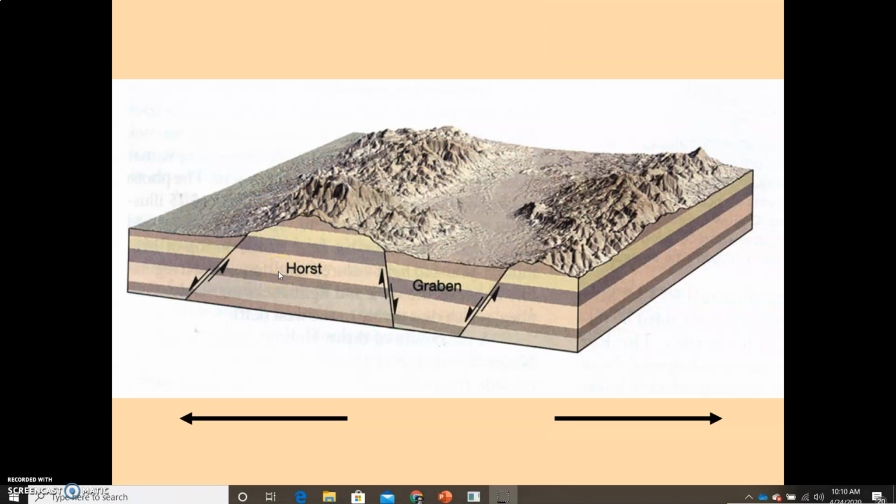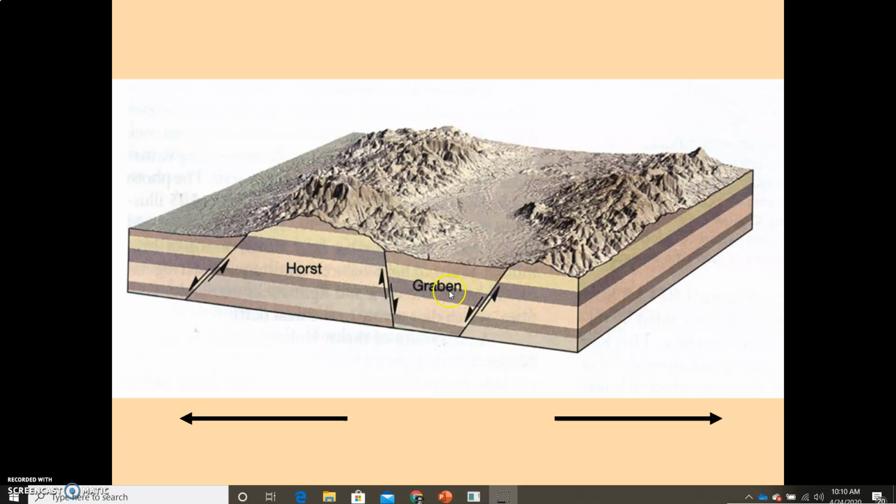So then there's also these types of features that you get out west in Nevada and in California. You get these Horst and Graben type features, and these result from horizontal extension in the crust. So here, if you pull apart the crust, what's going to happen is this block will drop down, and they call this a Graben.